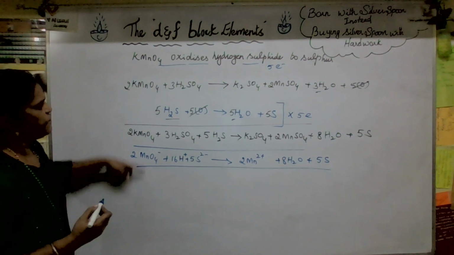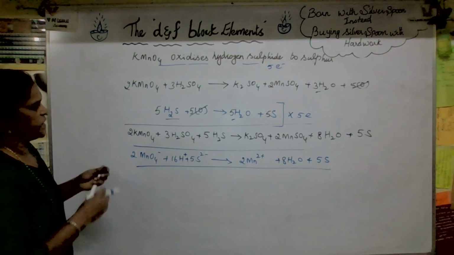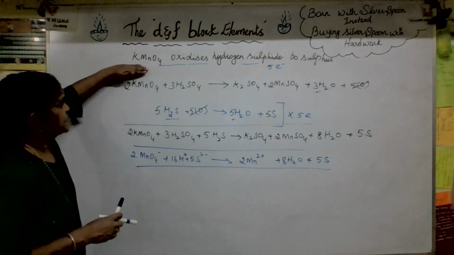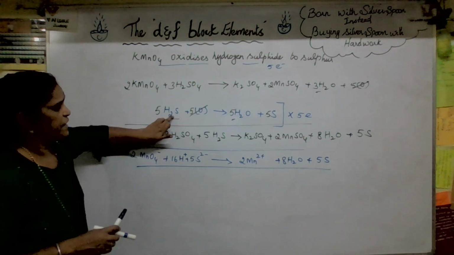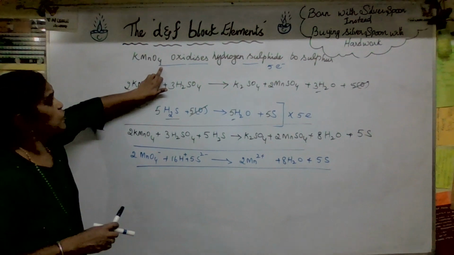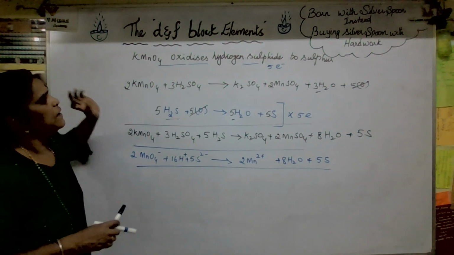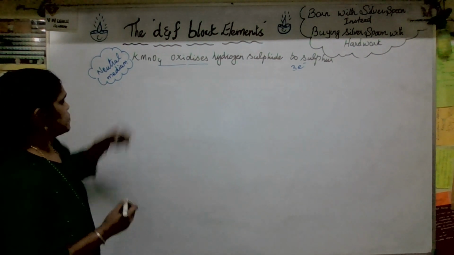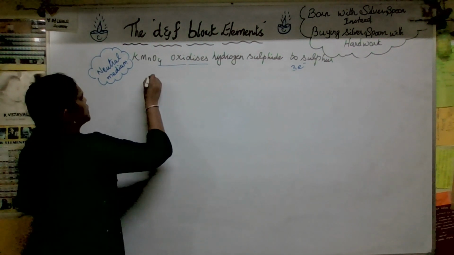Now this is the way you have to write the ionic equation. Now we are going to see the neutral medium, the same equation, with hydrogen sulfide only. Let us check with that neutral medium.